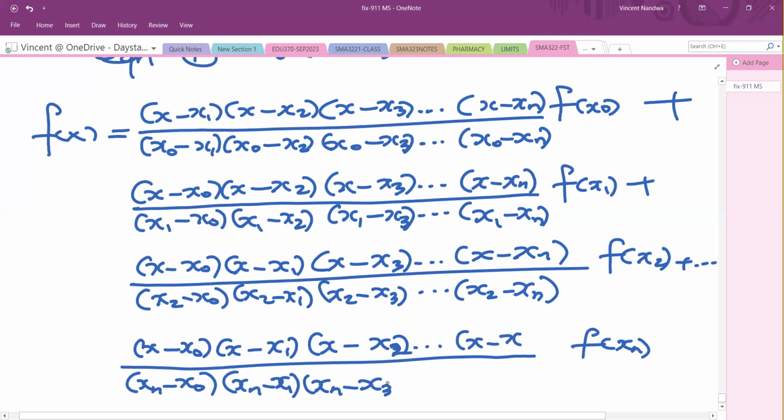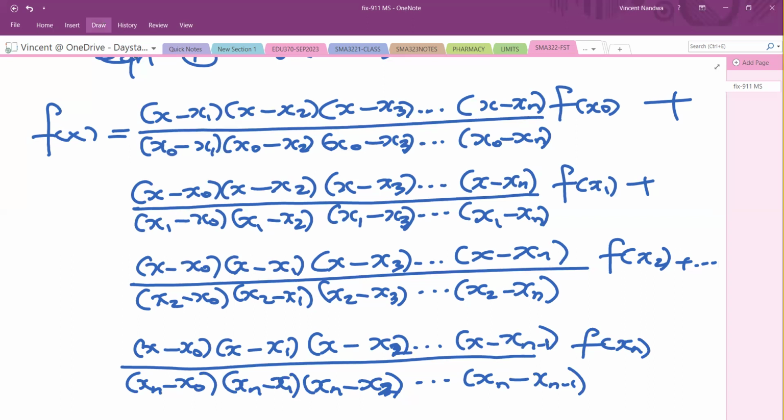What will be the last subscript for x in this last term? Correct. Xn minus 1. So this is now how the f of x function will look like.